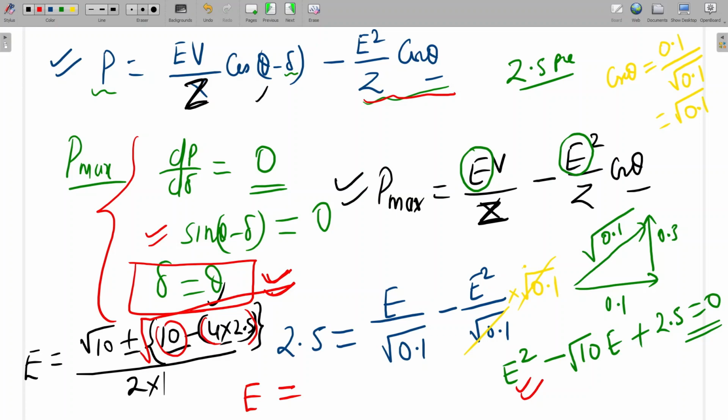So E will be minus b, which is under root 10, plus minus under root b square minus 4ac. b square is under root 10 squared, so 10 minus 4 into 2.5, divided by 2a, where a is 1. So this will be 10 minus 10, which is 0. So what will be remaining? Only the first term. So E will be under root 10 by 2.